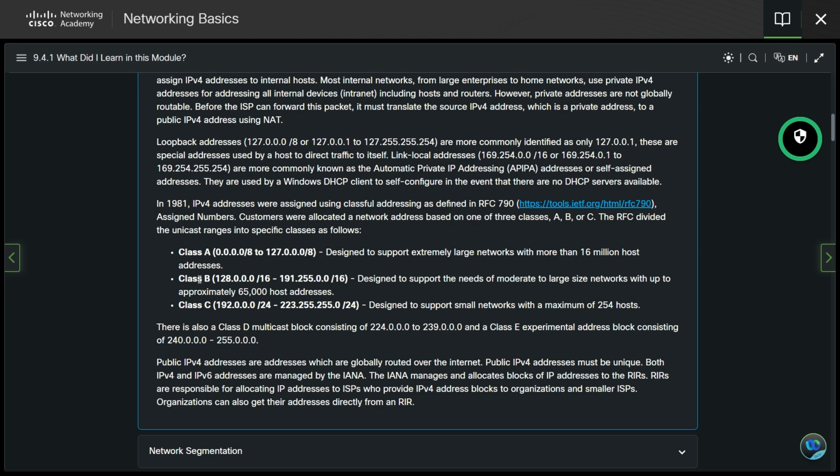The next is Class B, designed to support the needs of moderate to large-size networks with approximately 65,000 host addresses. Class C is designed to support small networks with a maximum of 254 hosts. There is also a Class D multicast block and a Class E experimental address block in this range of addresses.